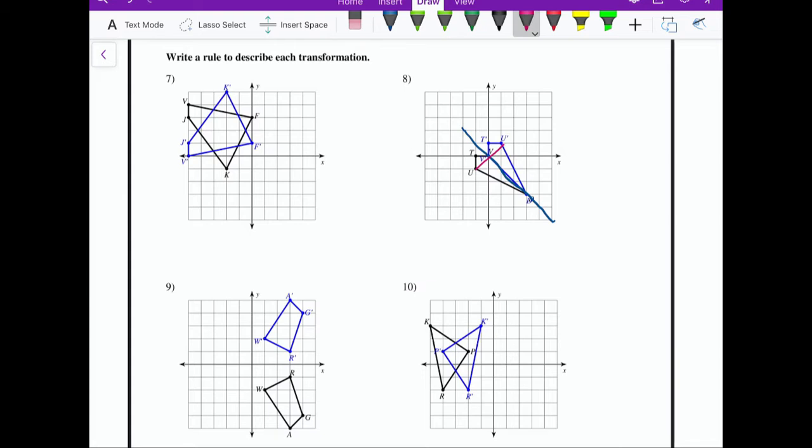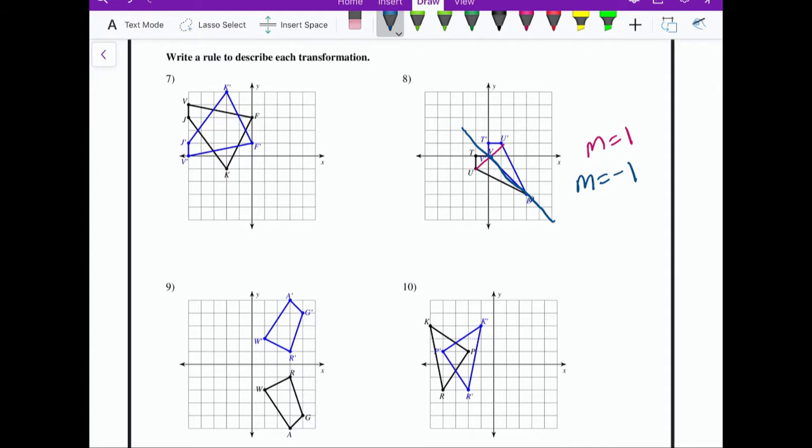The slope of that pink purplish line is 1, and the slope of the line of reflection is -1. Okay, those are perpendicular slopes. And also, this point is the bisector of U and U prime. And so that's how you know that that is the line of reflection.